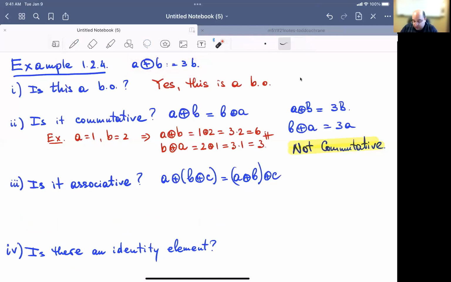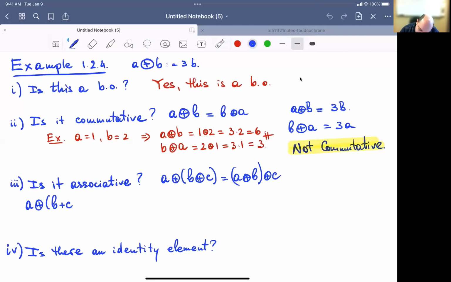If I apply it to the right-hand side and the left-hand side, I will get different answers, as we can see. So let's take the left-hand side, for instance.